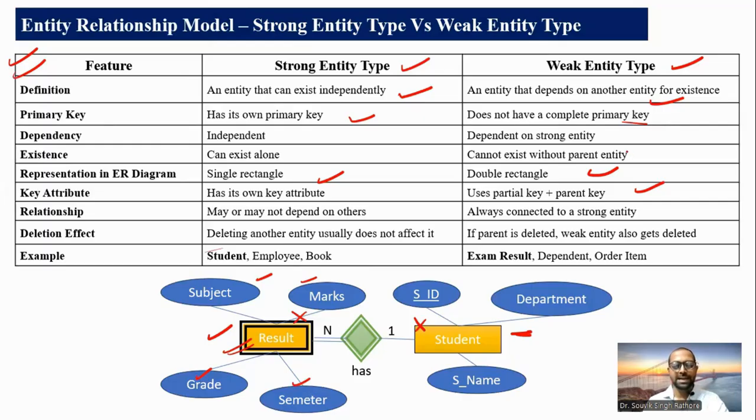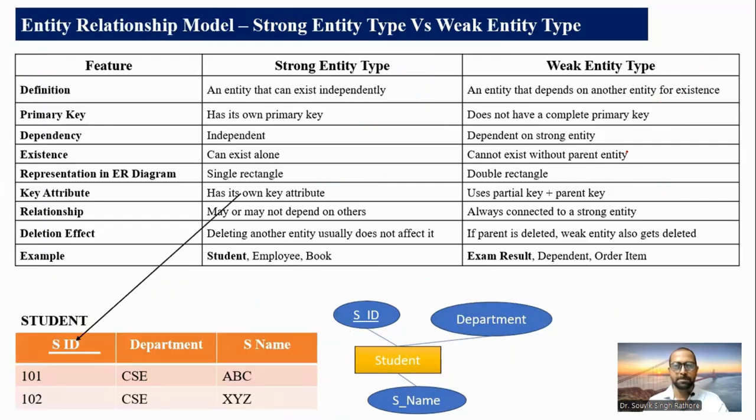Now, this idea may still remain a little abstract, so let's verify our understanding using a real database example. At the bottom of the slide, you can see the result table. Here you have the student table. It has its own primary key called SID. It has department and student name. The student can exist independently.